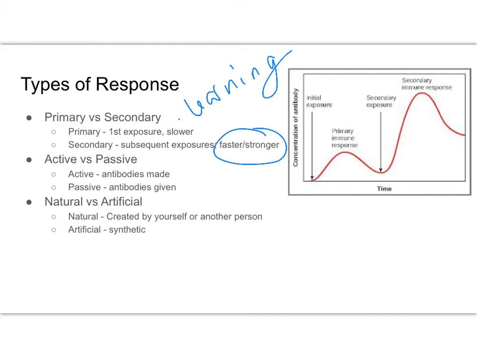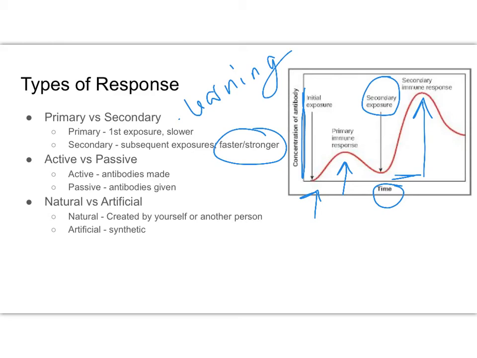If you look at the graph over here on the right, on the y-axis is where we have our concentration of antibodies. And so our initial first exposure here, I definitely get an increase in concentration of antibodies, but it takes a while. My time is down here on my x-axis, especially compared to the second time I get exposed. The second time I get exposed, my concentration of antibodies goes up much higher and in a much shorter span of time.